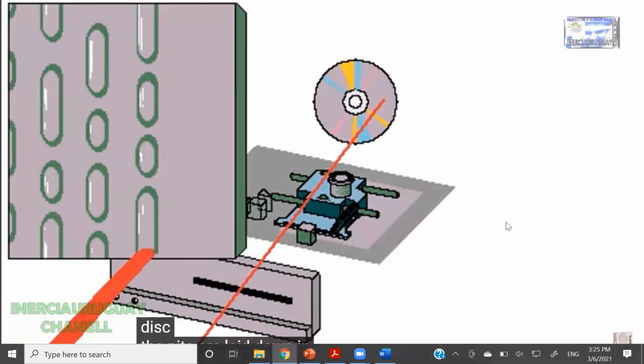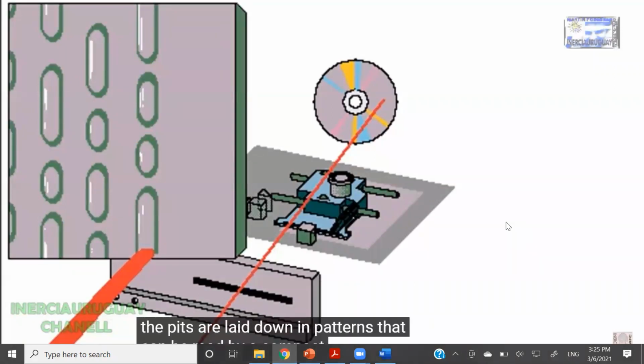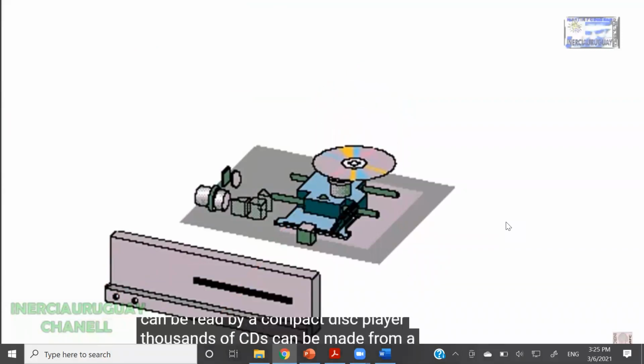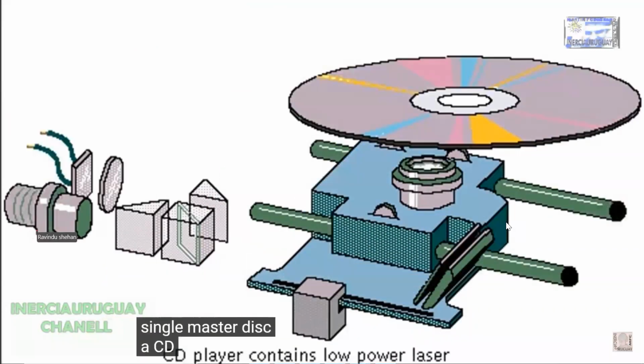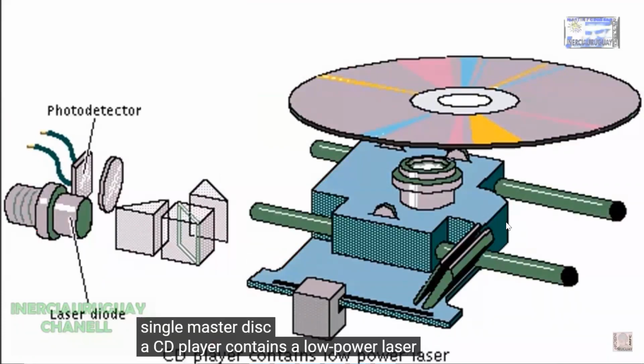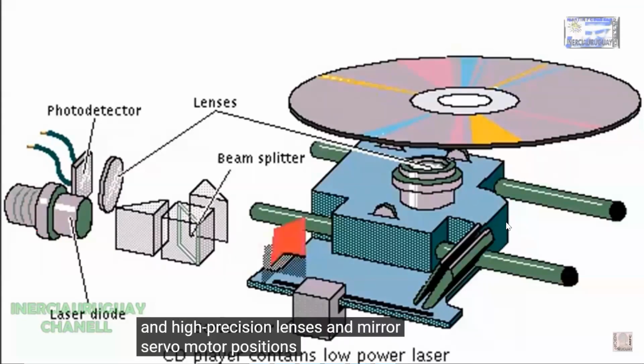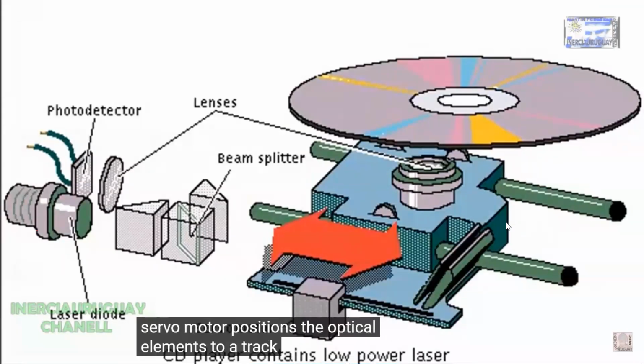The pits are laid down in patterns that can be read by a compact disc player. Thousands of CDs can be made from a single master disc. A CD player contains a low-power laser and high-precision lenses and mirrors. A servo motor positions the optical elements to a track on the disc.